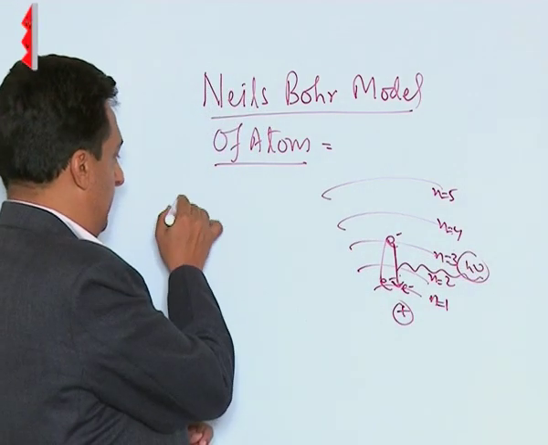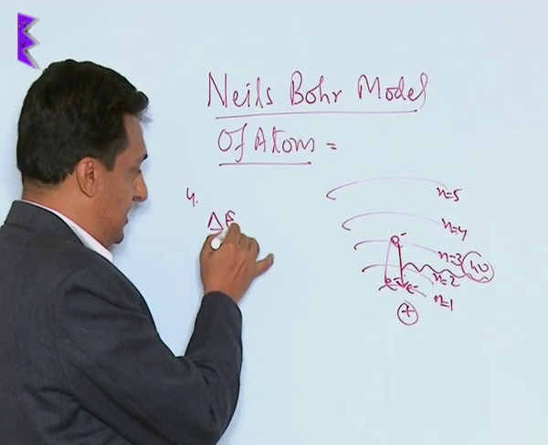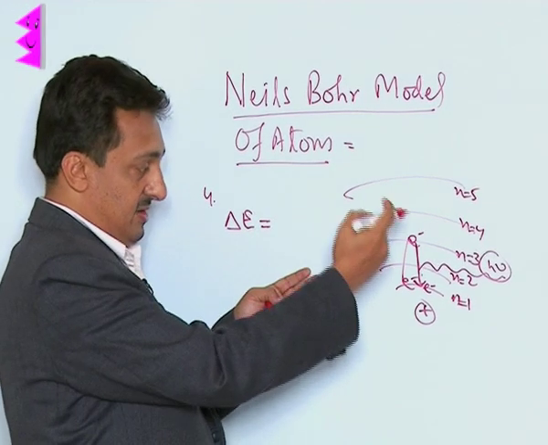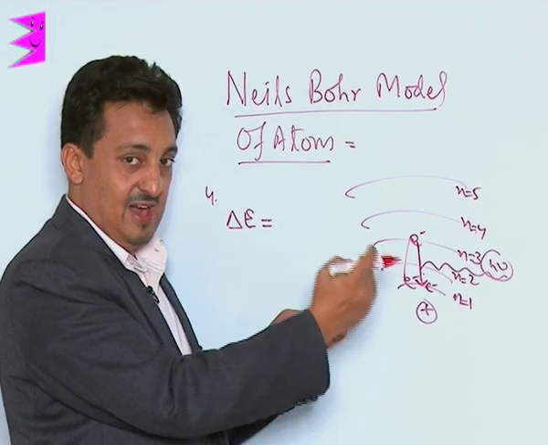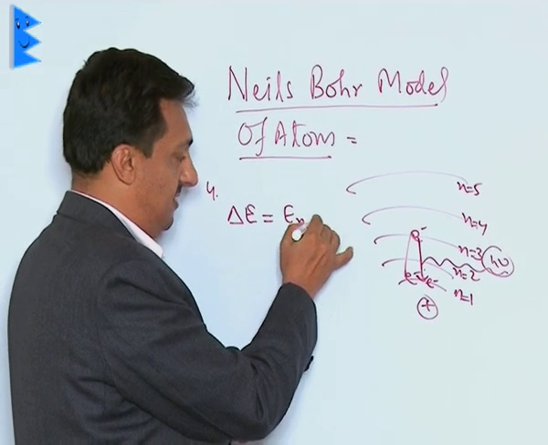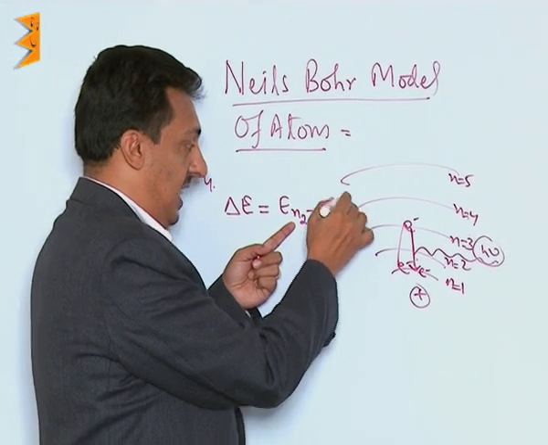Now, you need to know, this is what the fourth postulate is: the energy difference which is given out when the electron is making a transition from a higher energy level to a lower energy level is equal to the energy associated with the electron in the N2 level minus the energy in the N1 level.